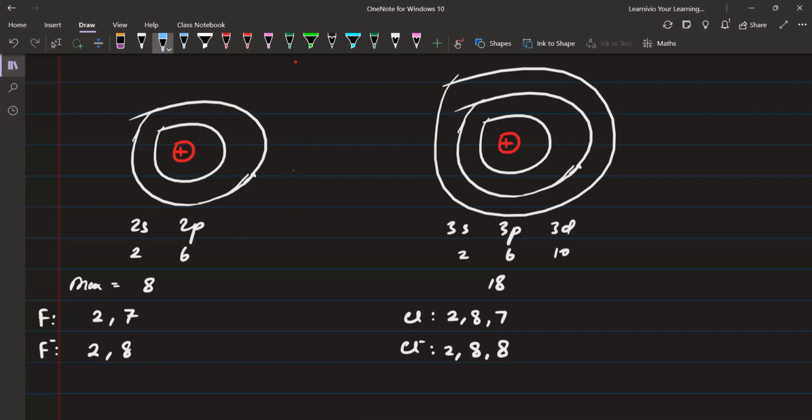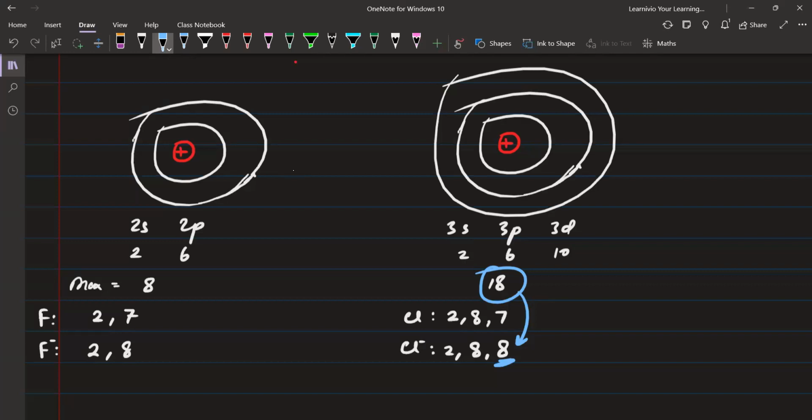There is another room where you can have 18 people, but you have kept only 8. Where will the people be more comfortable, more relaxed, with less repulsion? The 18 one, where the capacity of filling electrons is 18 and we have filled only 8.